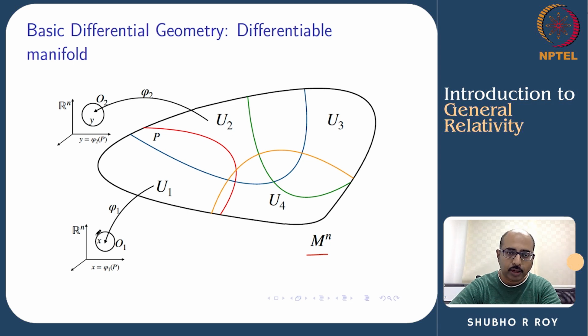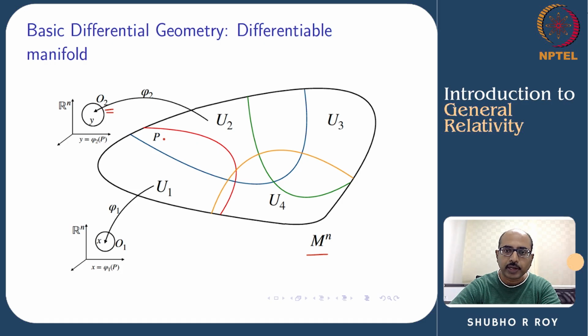In this case, the open set happens to be an open ball, but not necessarily, as we know that the open sets of Rn are given by open balls as well as arbitrary unions of open balls and finite intersections of open balls. Similarly, U2 also has its own homeomorphism, which maps it to another open set in Rn, O2. And this point P, which I have not indicated, lies in the intersection of U1 and U2.